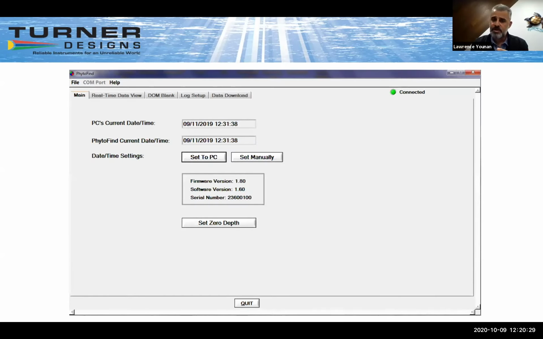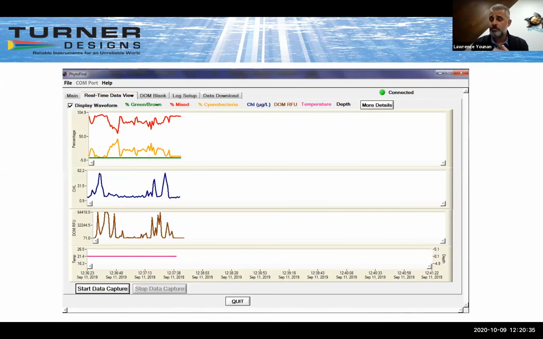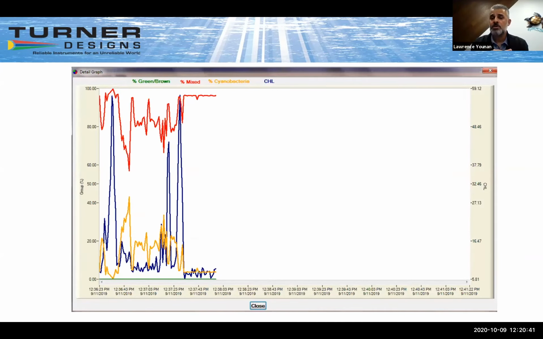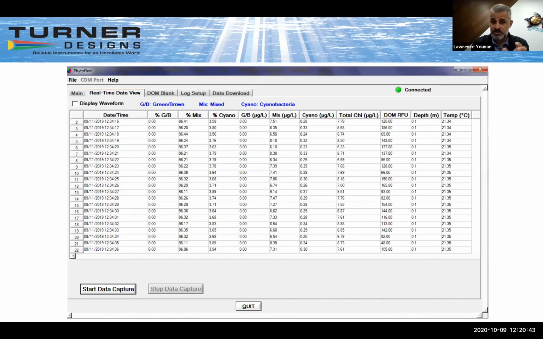And then with that, we also provide software, and it's actually intuitive software, which allows you to plot your group percentages, see them in real time. You get detailed graphs. You also get actual values as percentage of that group within the total, and then the microgram per liter concentration of that group within the total.